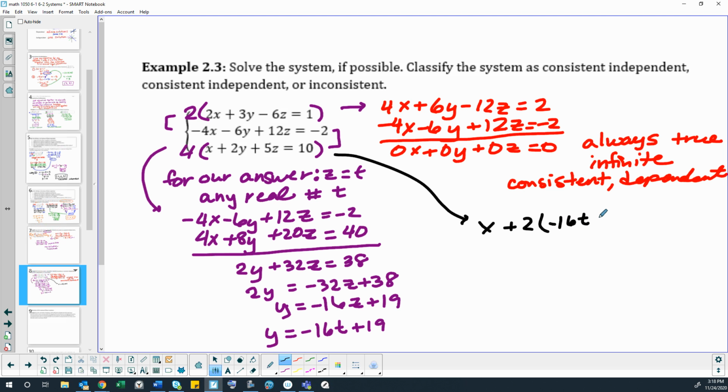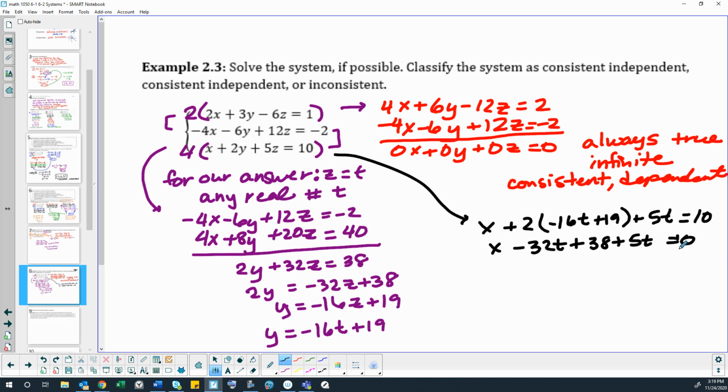So negative 16t plus 19. And then that equation has a 5z, but z is now being represented by t. And we have a 10. So we get x plus 2 times (negative 16t plus 19), plus 5t equals 10, that is, x minus 32t plus 38 plus 5t equals 10.